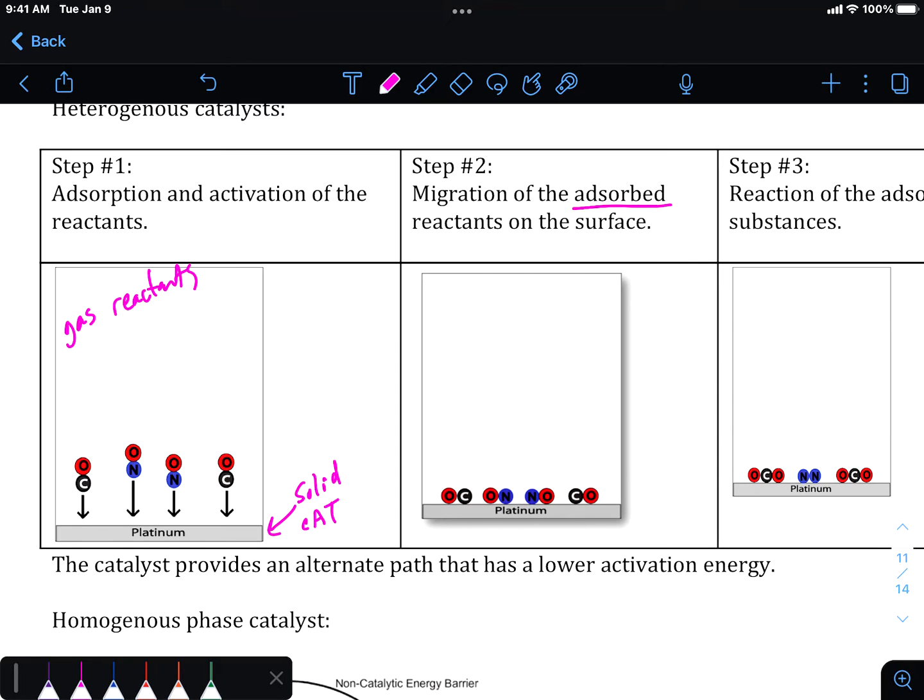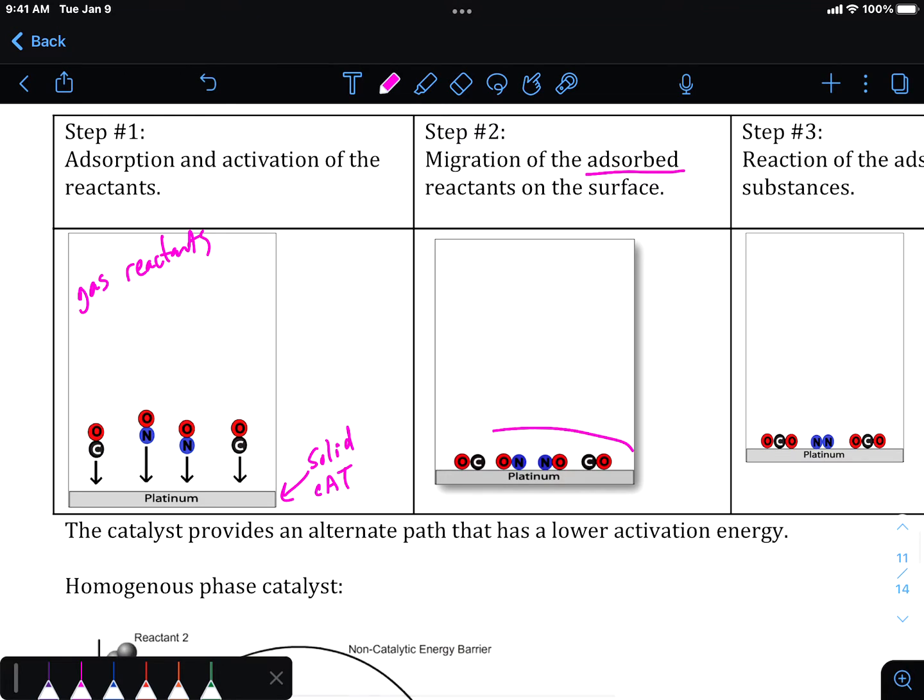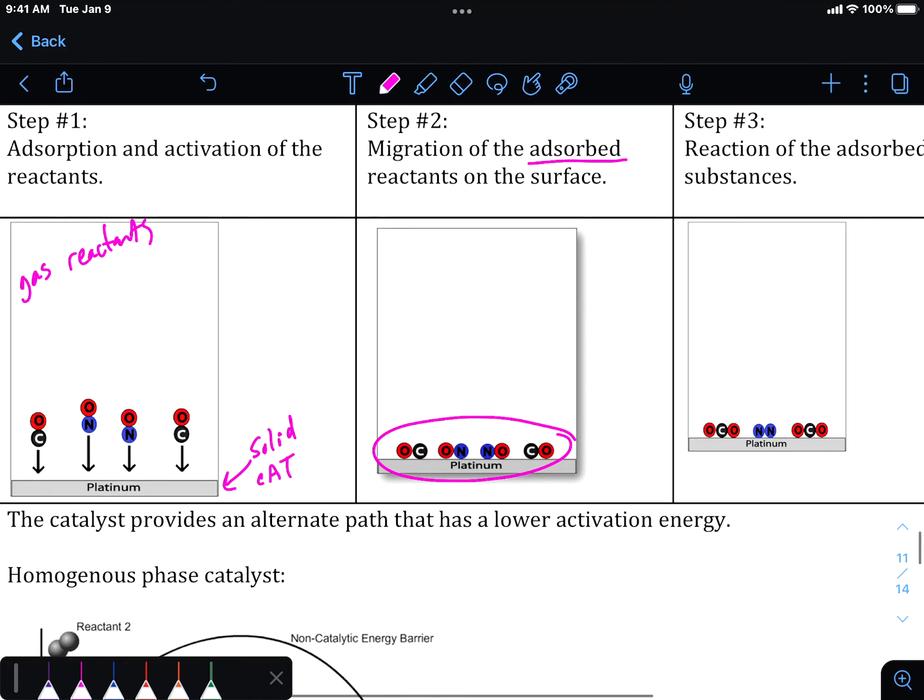Not absorption. Absorption is when molecules pull themselves within another substance, like a paper towel absorbs water, right? Adsorb just means they stick to the outside of it. Okay? So anyways, you have this congregation and clumping of reactants.